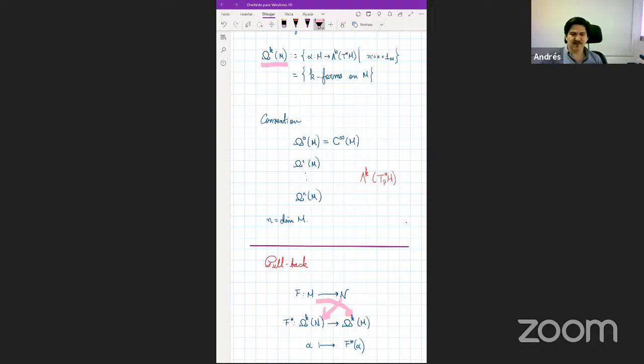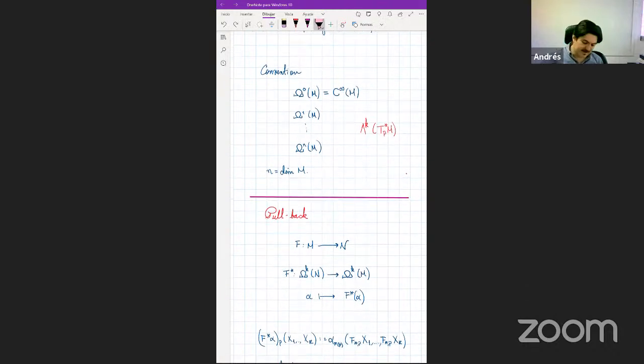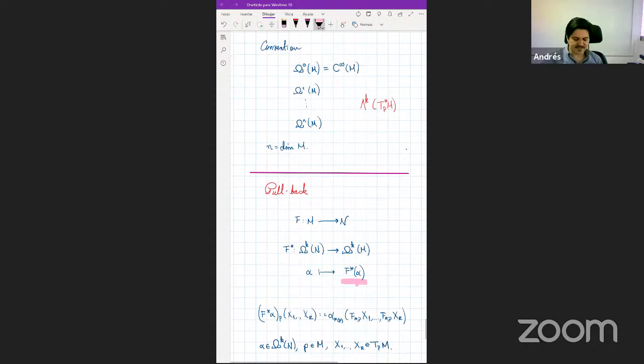We have a smooth function from m to n. Then I will take a k form in n to a k form in m. And this k form is defined exactly as you expect, by this formula here.